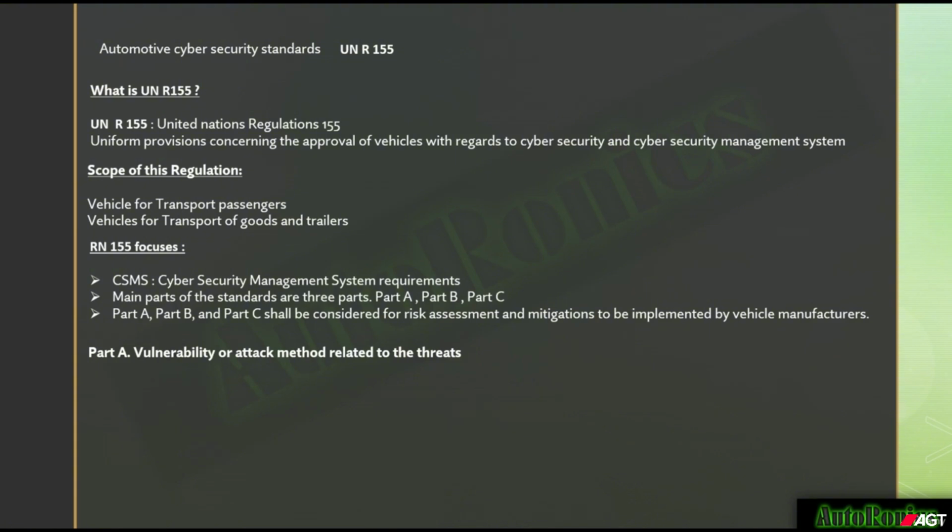First comes Part A, which is vulnerability or attack methods related to the threats. There are many sections in Part A, but we are taking the key points here.